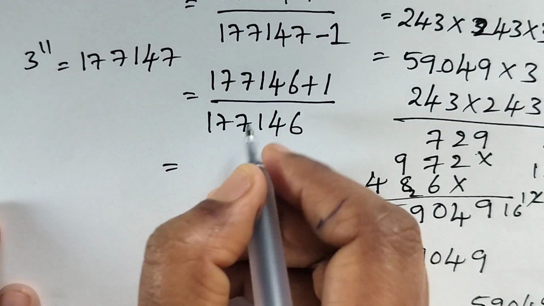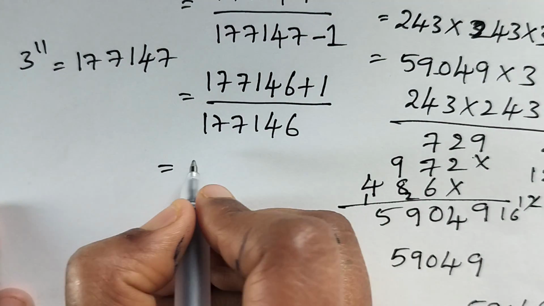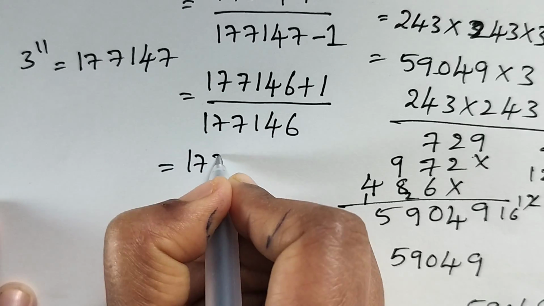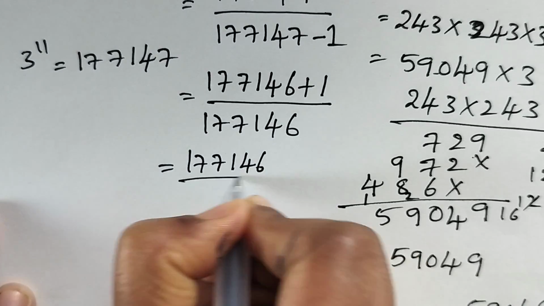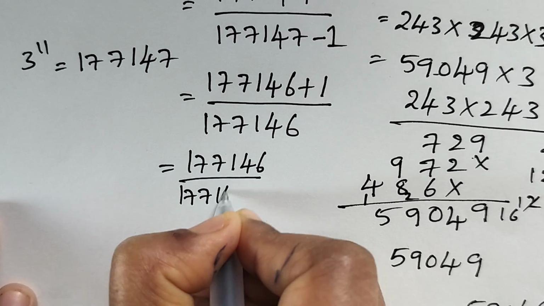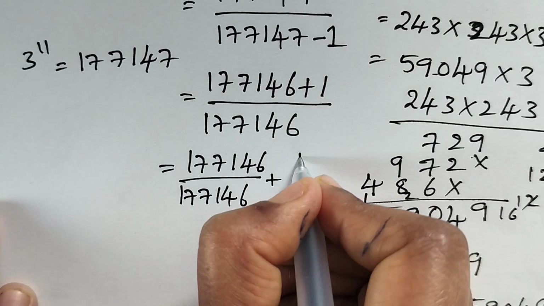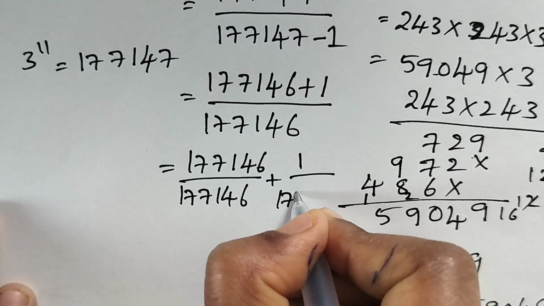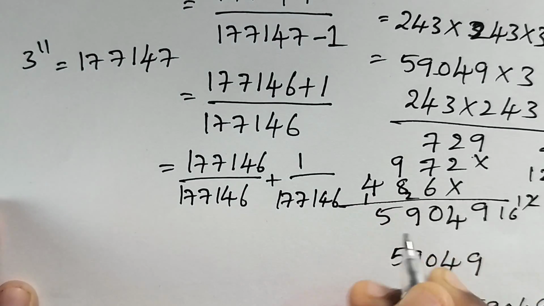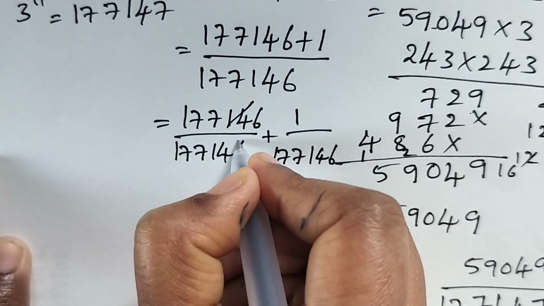So now we get 177,146 divided by 177,146 plus 1 by 177,146. So these both get cancelled.